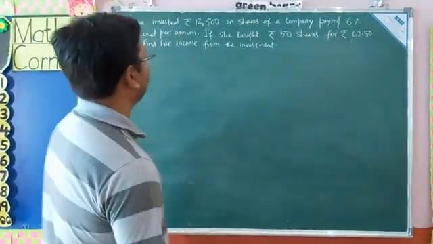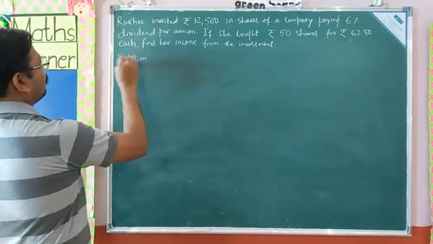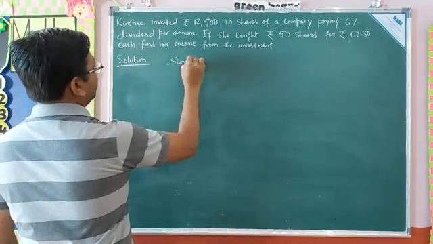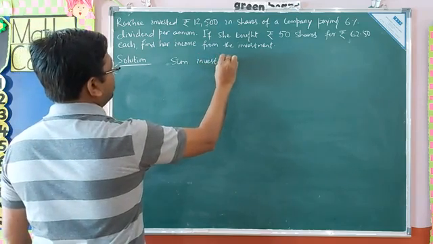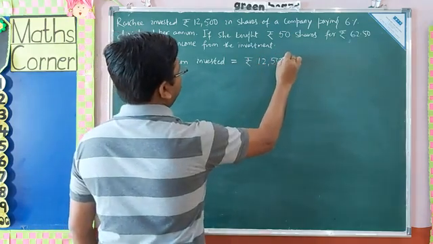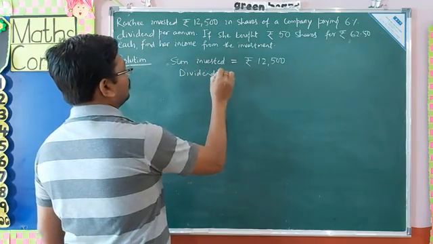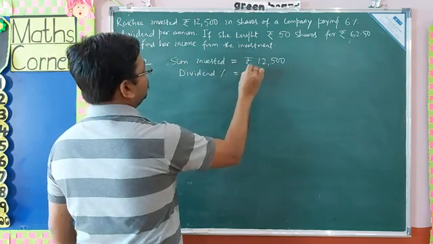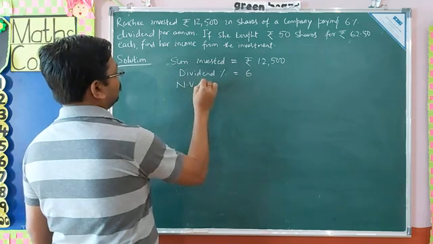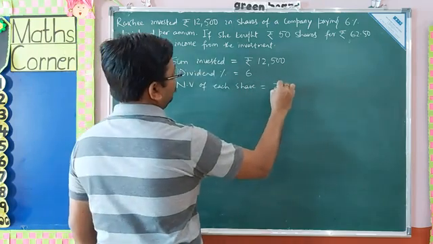So here we will note down that money or sum invested is equal to rupees 12,500, dividend percent is equal to 6. Nominal value of each share is equal to rupees 50.